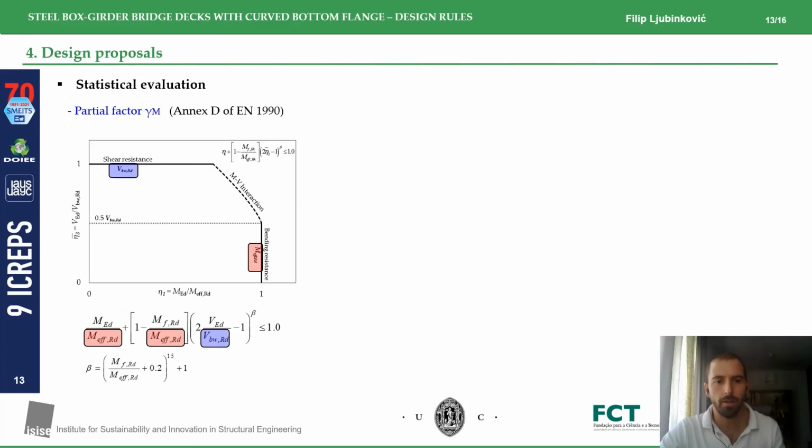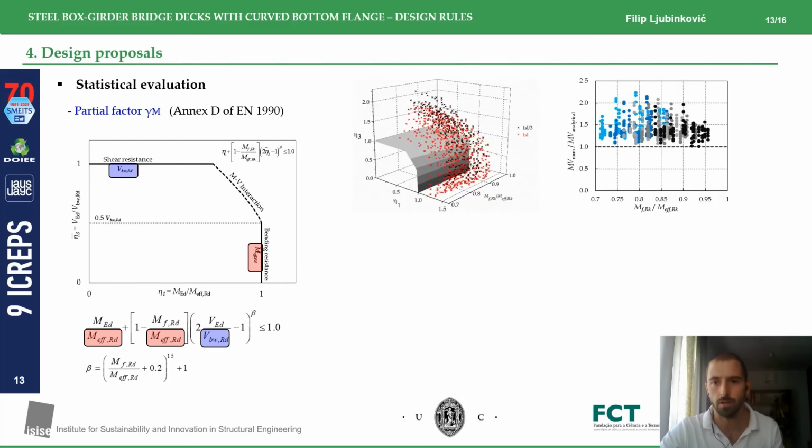Now, finally, that we know how to calculate the bending resistance and the shear resistance, we can complete our work and verify the validity of the MV interaction criterion. This is done in these 2 graphs. So we compare the analytical results with our numerical results, these points. And as you can see, for the entire scope of this study, in all points we satisfy the safety.